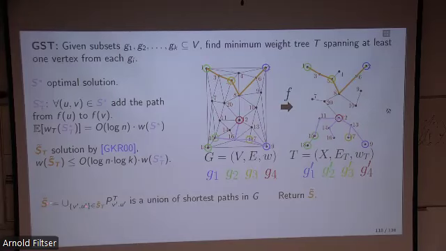So this is S tilde, which is just the union over all the shortest paths. For any edge in the tree, I take the shortest path between them in the graph. And I argue this will be a valid solution, right? Because it will be connected: if you start with a connected thing and you add a path between them, the result will still be connected.